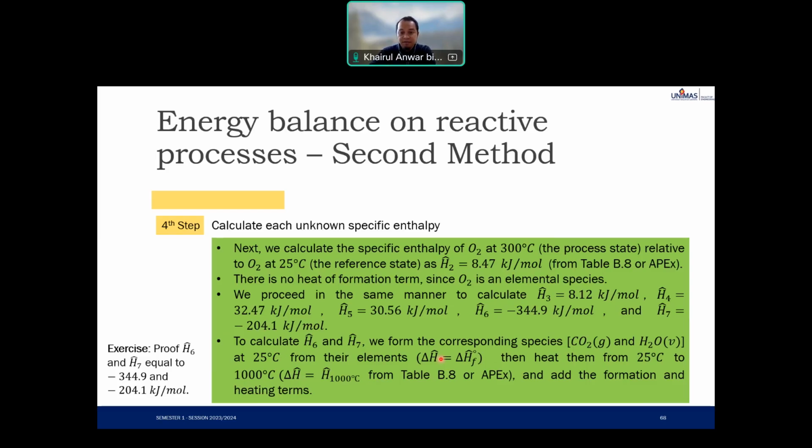So, heat of formation, let's say for CO2, carbon dioxide.